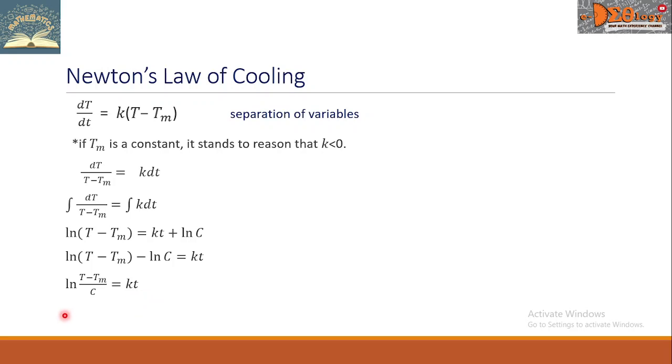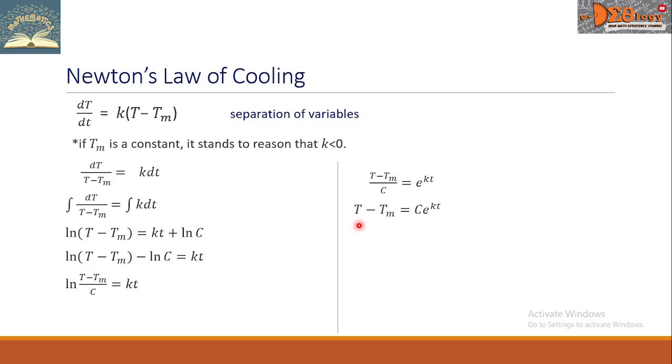From here, we're going to show this equation in terms of exponential. It means the left side becomes T minus T sub m all over C, and the right side becomes exponential of the product kt. Let us cross multiply the C to the right side. So we have T minus T sub m is equal to the constant C times e raised to the product kt.